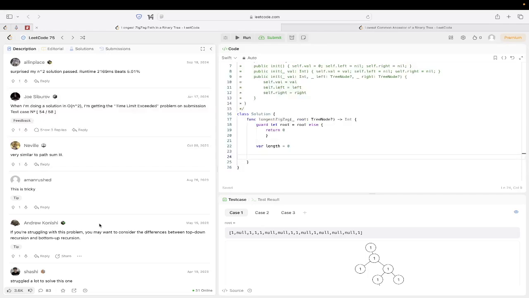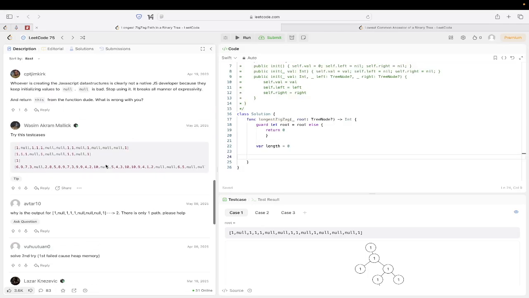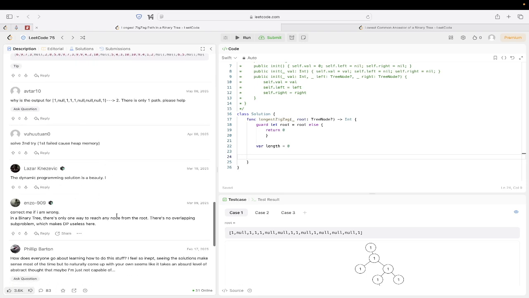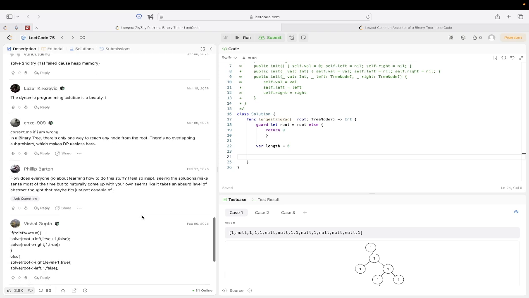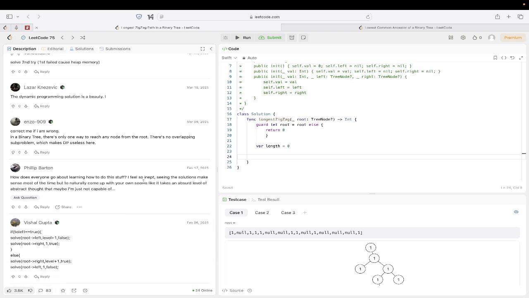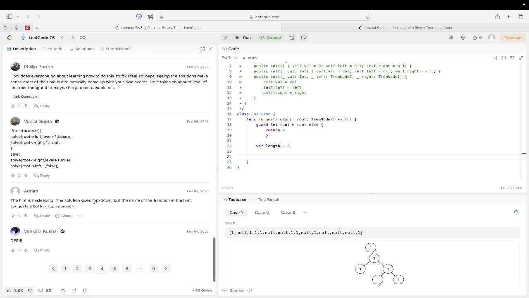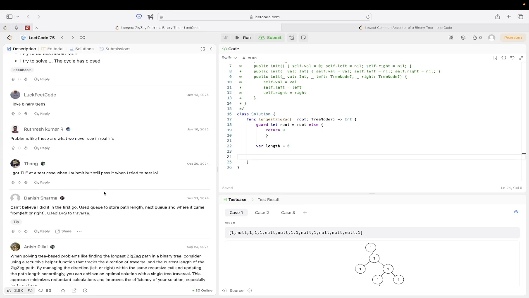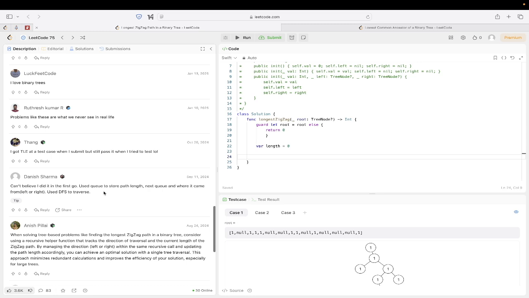Let me look at more. Use queue to store path length, next queue, and where it was from. Use DFS to traverse.